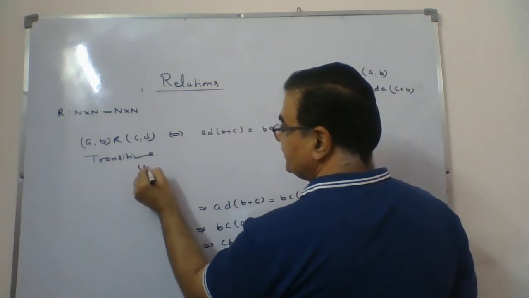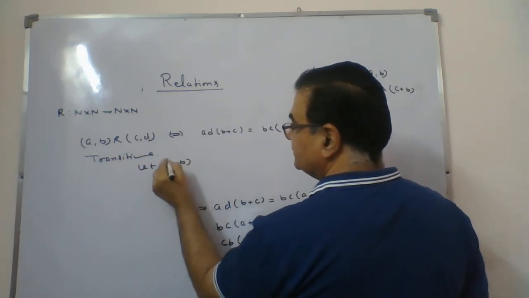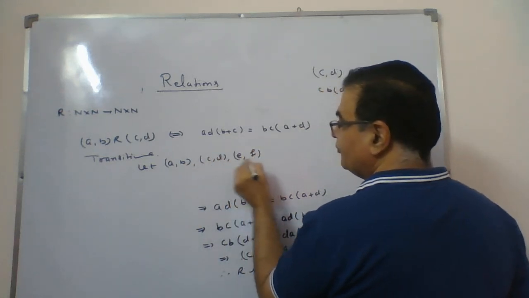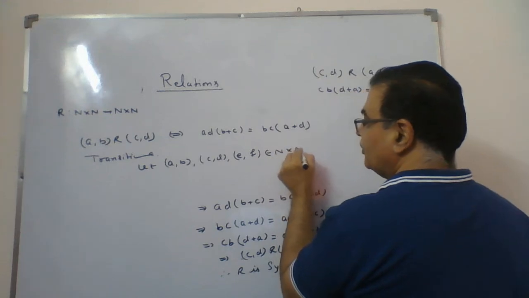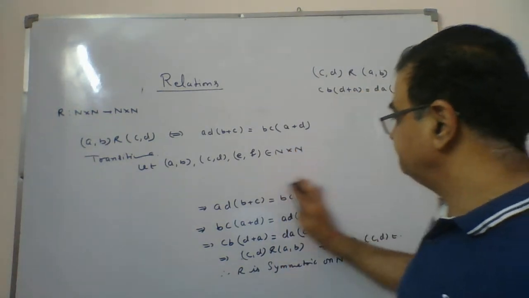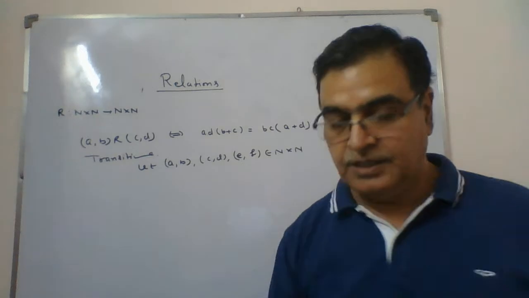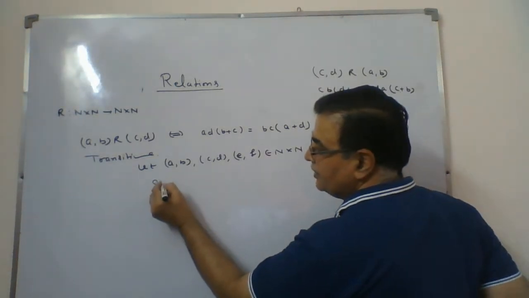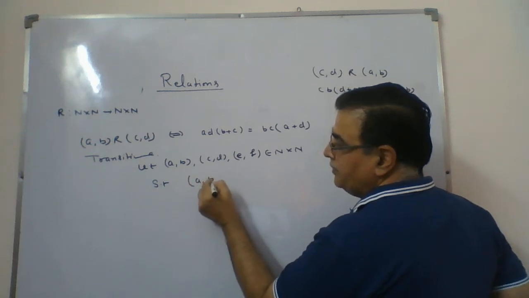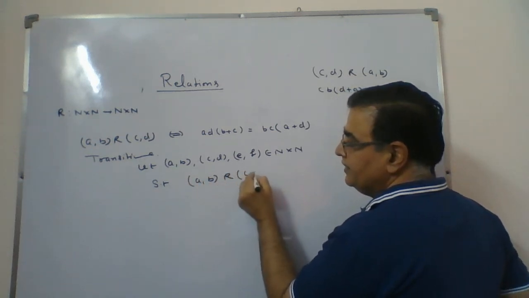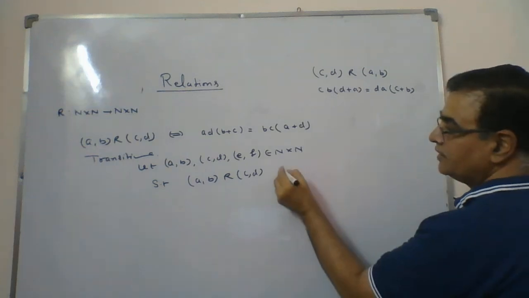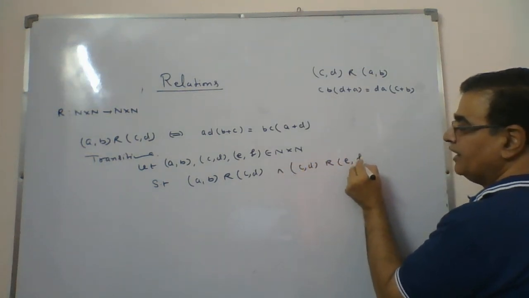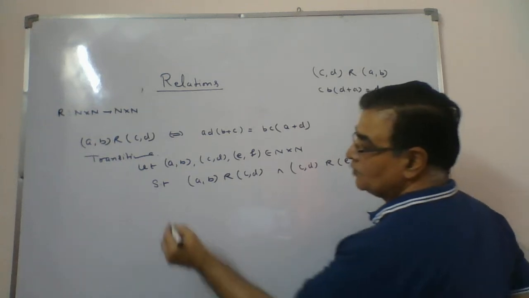In transitive, we'll start with let (A,B), (C,D) and (E,F) belong to N cross N such that (A,B) relates with (C,D), first one, and at the same time (C,D) relates with (E,F). What does it mean?